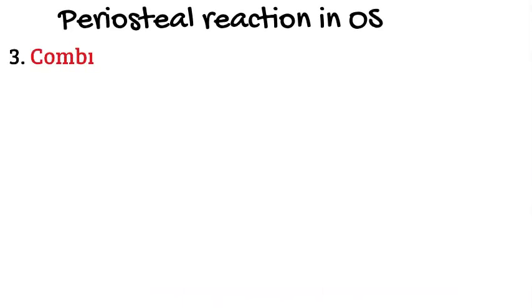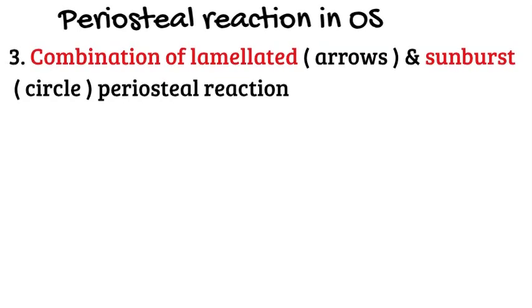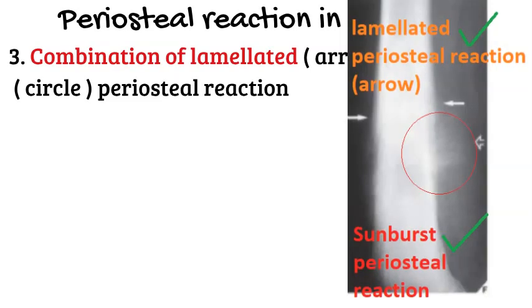Lastly, combination of lamellated and sunburst periosteal reaction. This X-ray shows the combination periosteal reaction. As you can see, the arrow shows the lamellated periosteal reaction and the circle shows the sunburst periosteal reaction.